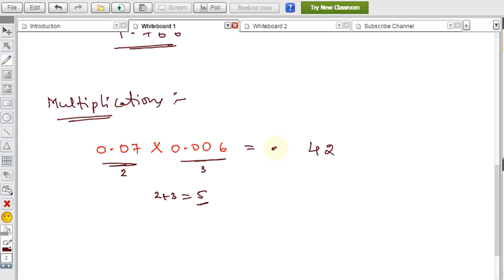We should make 5 digits after the point, but only 2 are there, so before that number you can keep zeros. So 0.00042 is the product of 0.07 into 0.006.